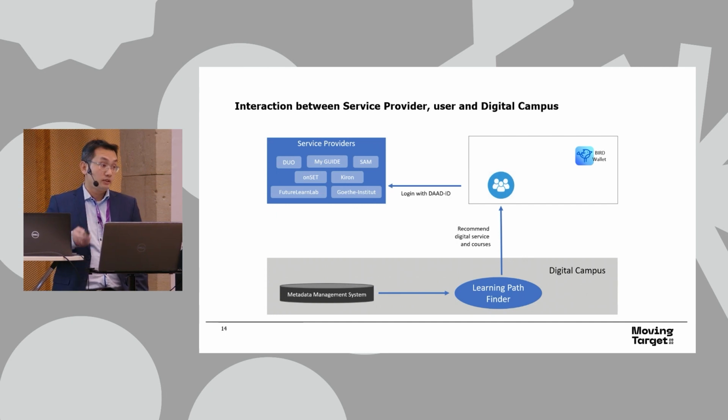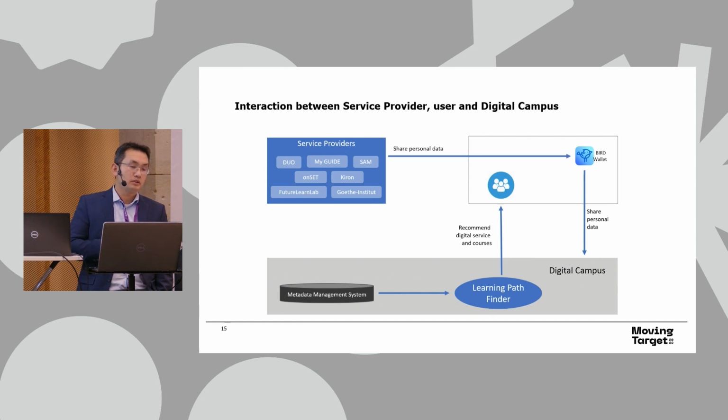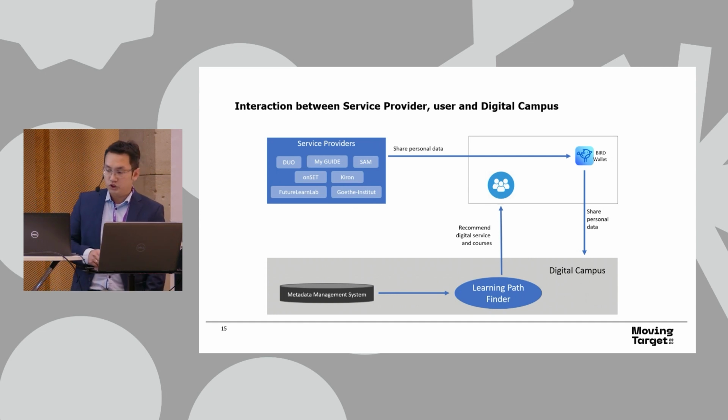The users can select one of the offers and will be forwarded to the service provider and can log in with their DAAD ID and use the services or take part in the courses. After that, they can transfer the personal data from the service provider to the BERT data wallet and then share this data with the digital campus.